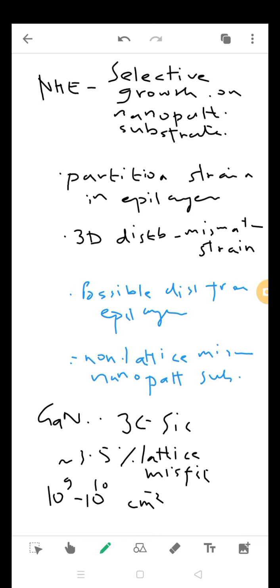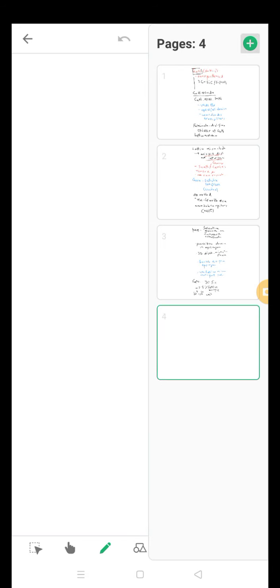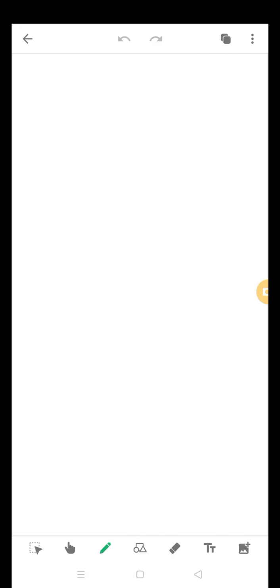Due to this, this particular nanocomposite can be used in field effect transistors, and also in IR detectors.